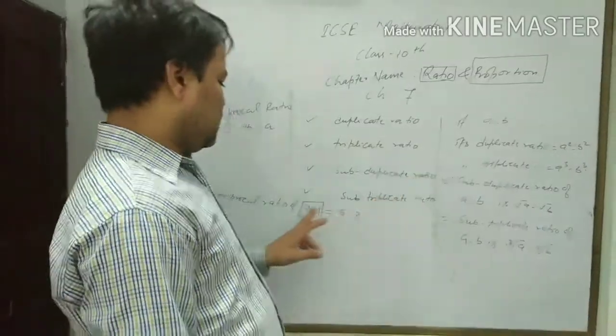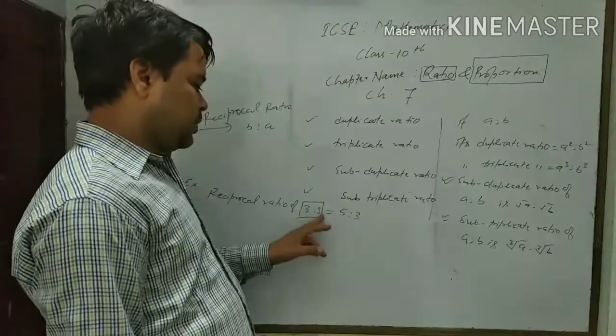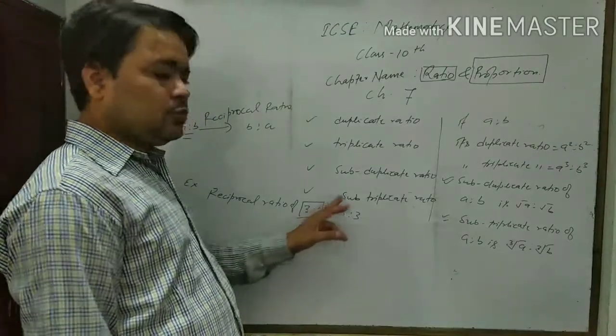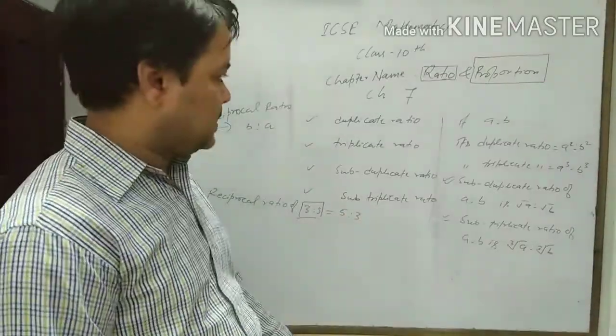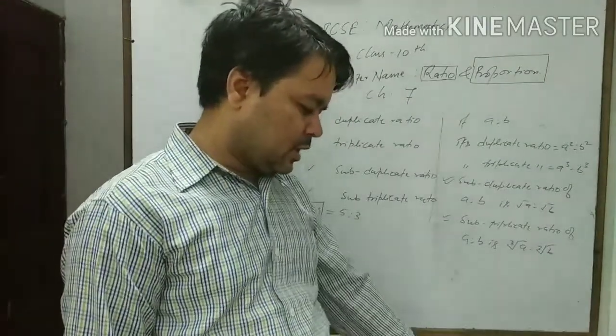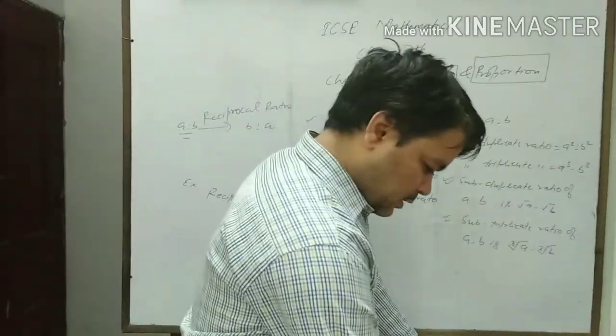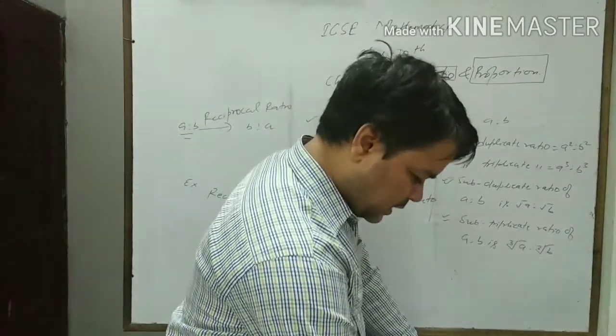The subduplicate ratio will be under root 3 is to under root 5, and the subtriplicate ratio of 3 is to 5 is cube root of 3 is to cube root of 5. Okay, it means we have discussed all the theoretical portion related to ratio which is given before exercise 7.1.